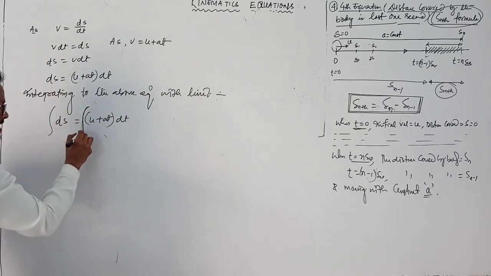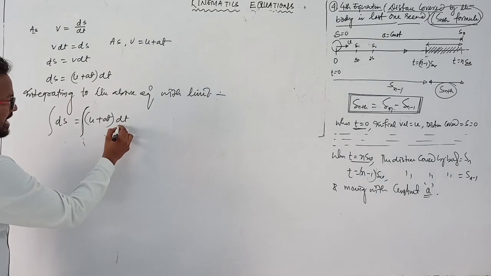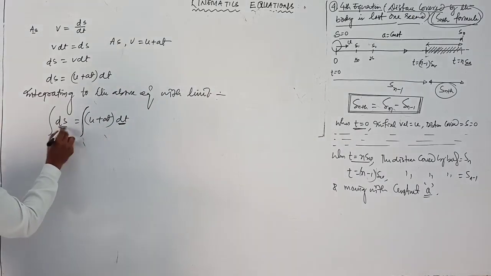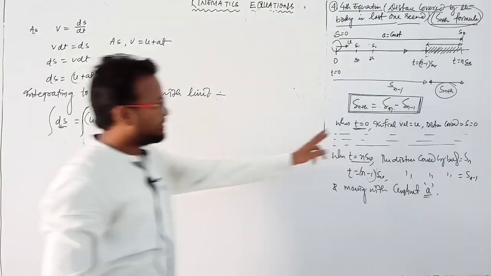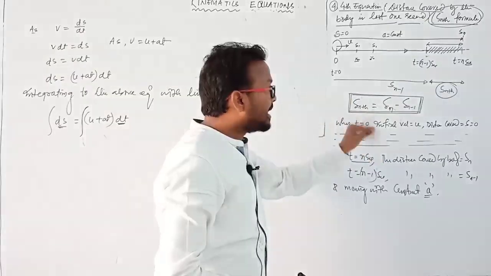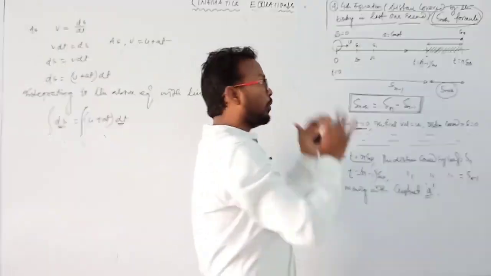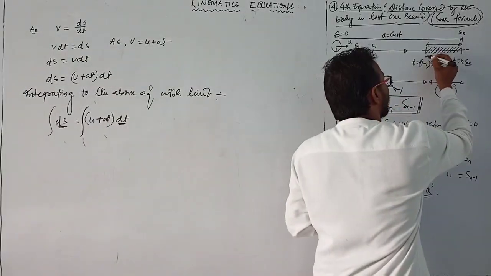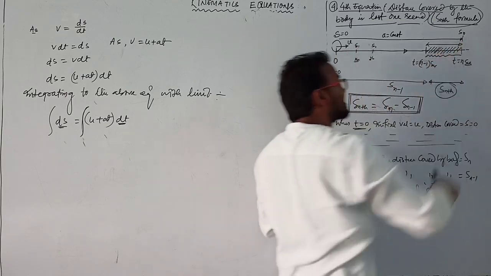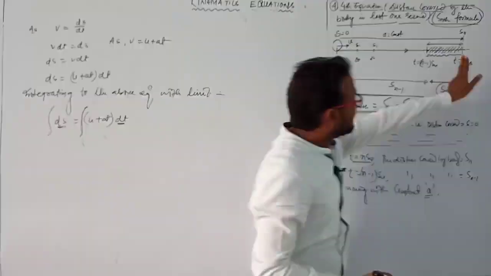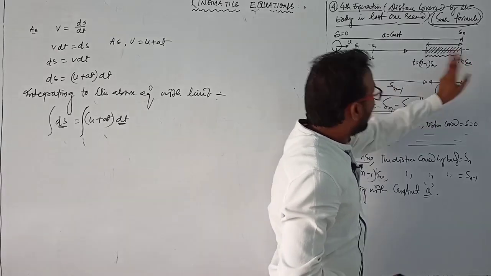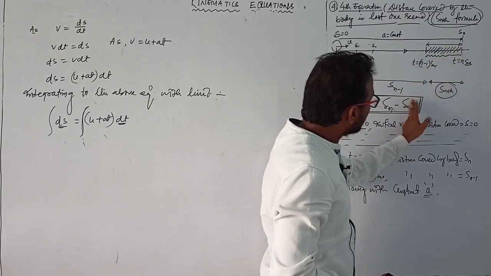Then we have to use limits. Limits are important. Here time is variable and here distance is variable. We have to find the distance covered by the body in the last 1 second, which means Sn minus Sn minus 1.